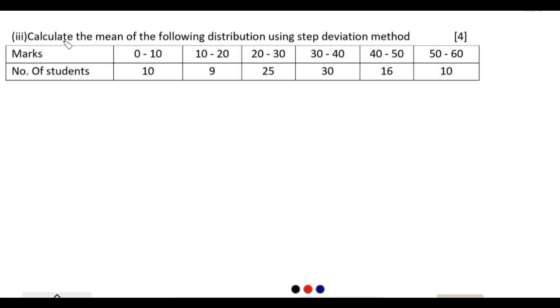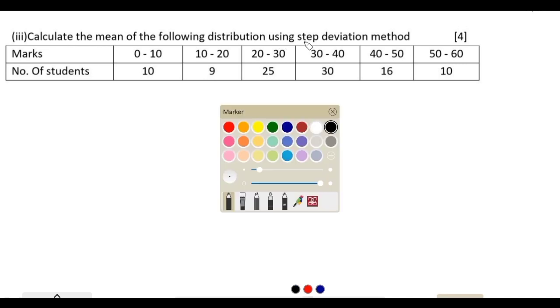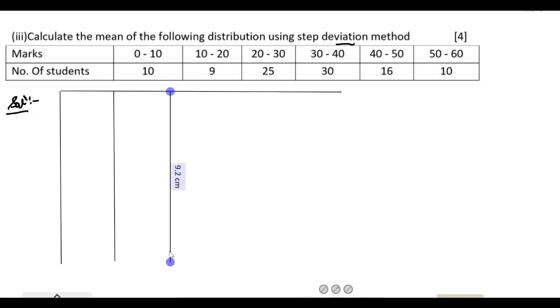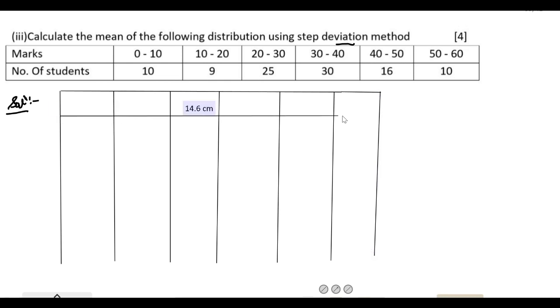Third part of this question: calculate the mean of the following distribution using the step deviation method. Marks, number of students. First of all, we are making its table: marks, number of students meaning frequency, mid value x, then deviation x minus a, then t, x minus a upon i, then ft.